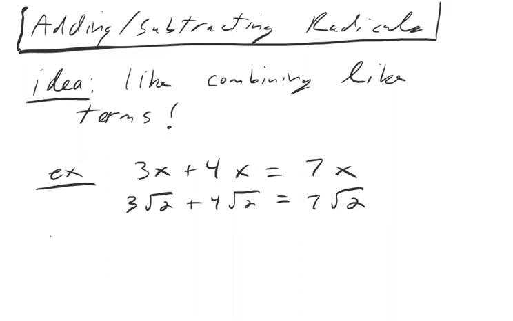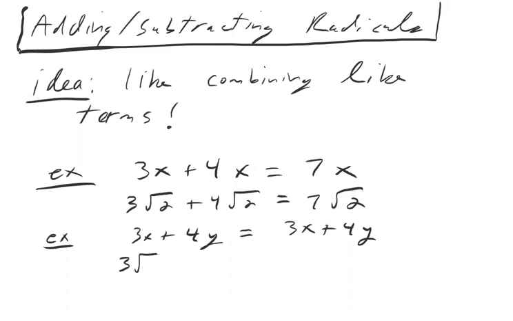Okay. Similarly, if I did 3x plus 4y, you tell me that that's just 3x plus 4y. You tell me I can't combine those because they're not like terms. One has an x and one has a y. So the same is true with square roots.